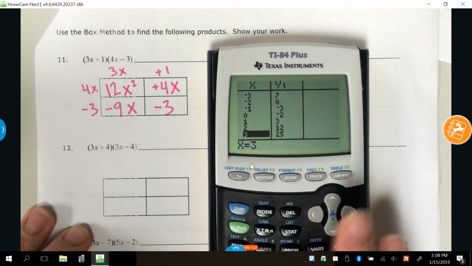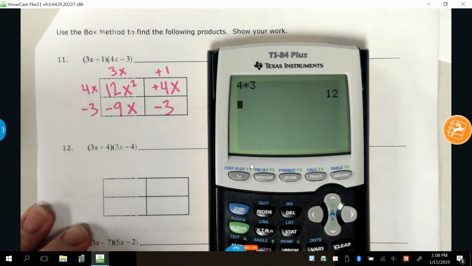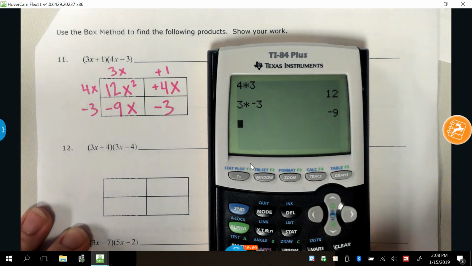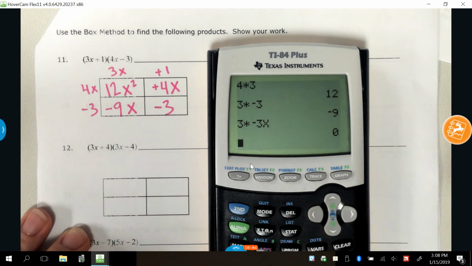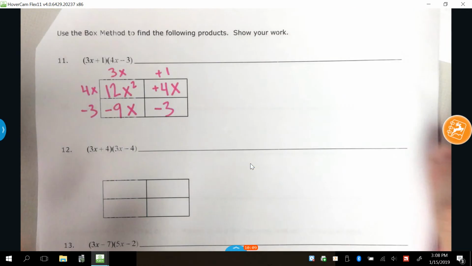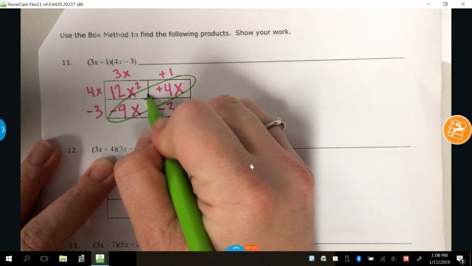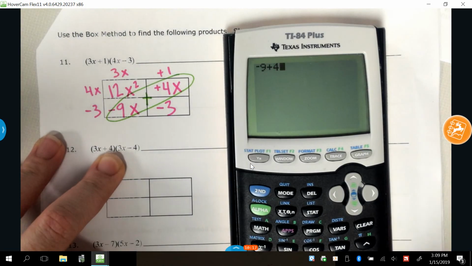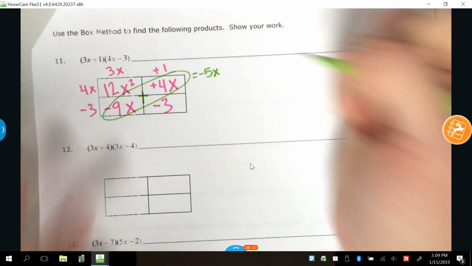If you need help, guys, use your calculator. 4 times 3. 3 times negative 3. Just remember, you cannot type your x here or it'll give you, watch, 3 times negative 3 x. It gives me 0. It's not even right, okay? So remember, our diagonal terms are like terms, so we can add them. So negative 9 plus 4 is negative 5, so this equals negative 5x.